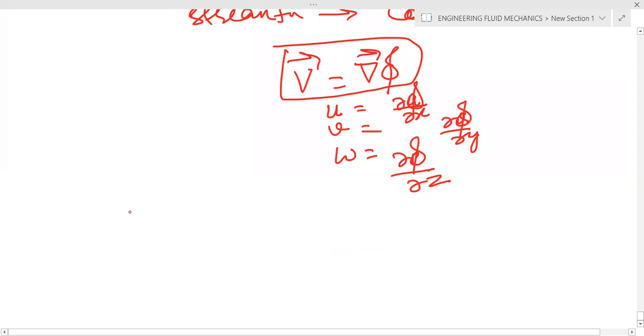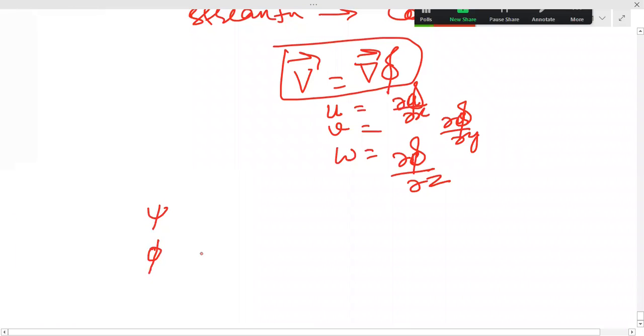So we have defined two functions for two-dimensional potential flow. One is the stream function and the other is the potential function.